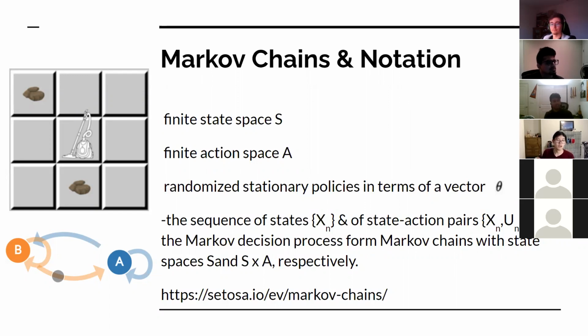So they take the pair of x and u, and then they make a Markov chain; you can see the visualization of that from B and A, respectively. You can also go to the link here. If you're still not familiar with Markov chains, it has a pretty good diagram and more of a transition matrix visualization that you can see of why the authors chose this, and also why reinforcement learning in general relies on Markov chains. All right, next slide.